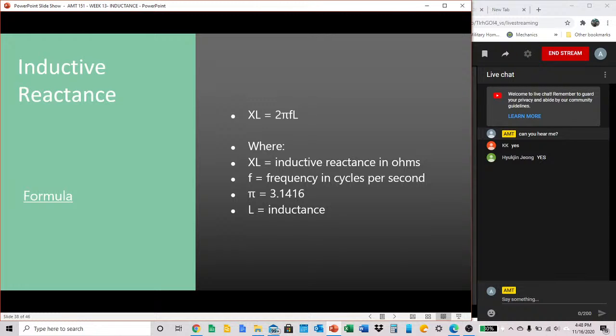Lowercase f is our frequency in cycles per second. We have pi, which is 3.14, and capital L, meaning inductance. So this is our formula for inductive reactance.